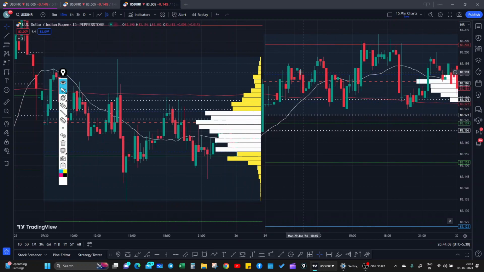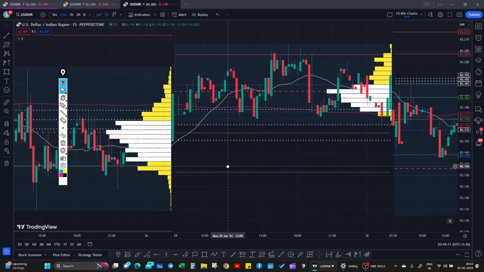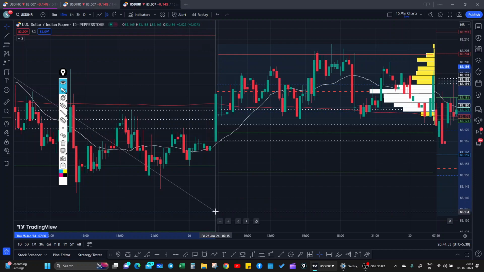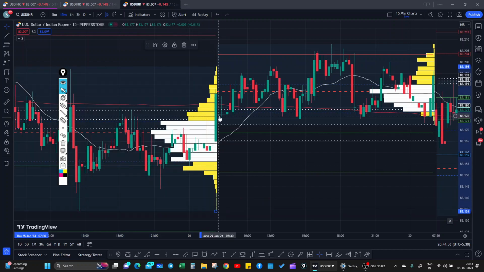So let's see this. This was overall sideways on 29 Jan. The market opened, this Monday, outside the value area, and it started moving up.